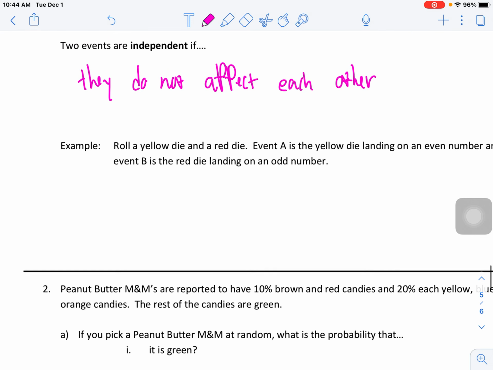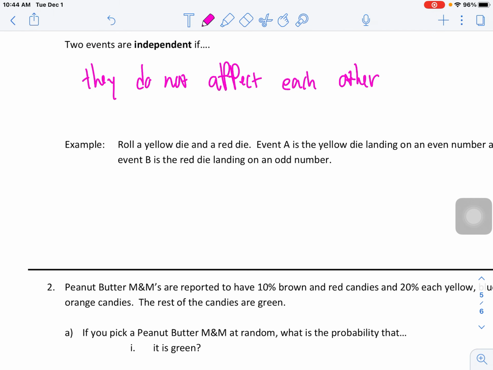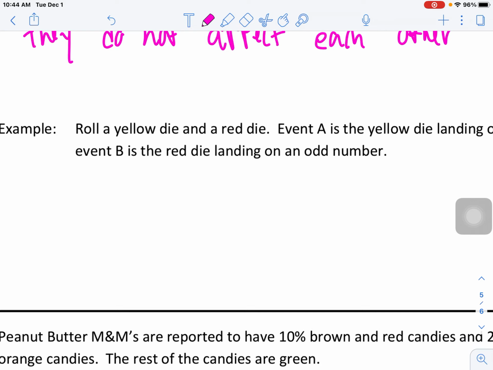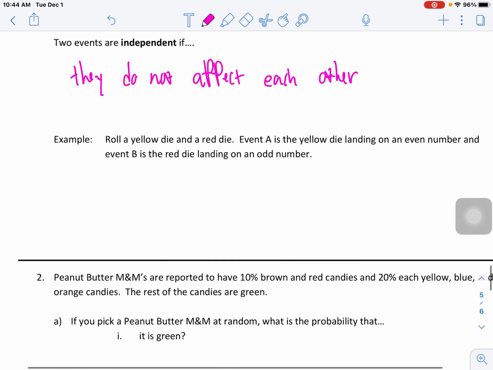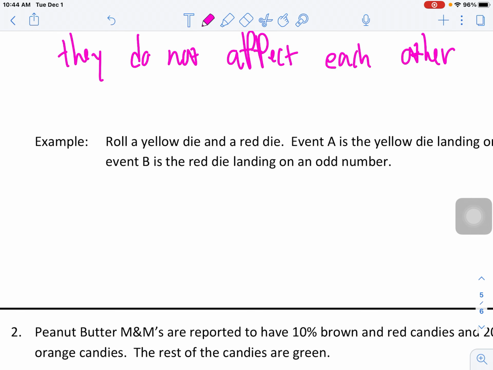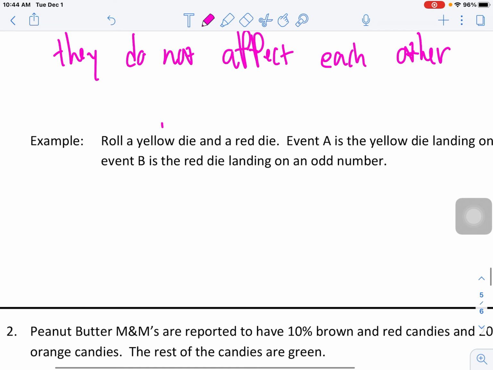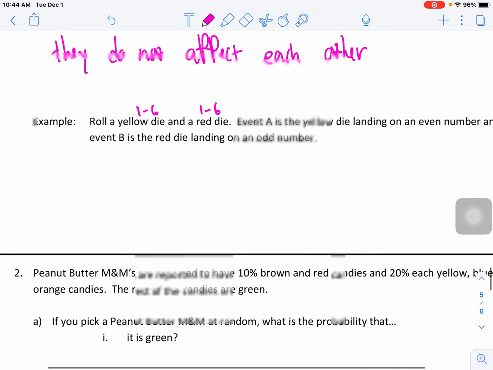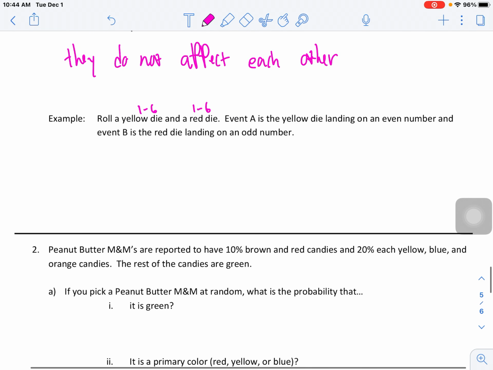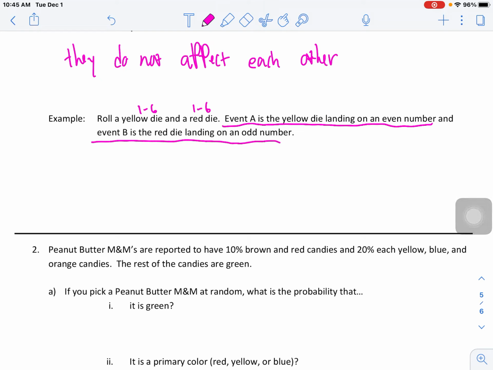All right, so here's a little example with this product rule, this multiplication rule. So we have a yellow die and a red die. Let's just assume that they're standard 6-sided dice. So we have numbers 1 through 6 and 1 through 6 on this one also. Event A is the yellow die landing on an even number, and event B is the red die landing on an odd number.